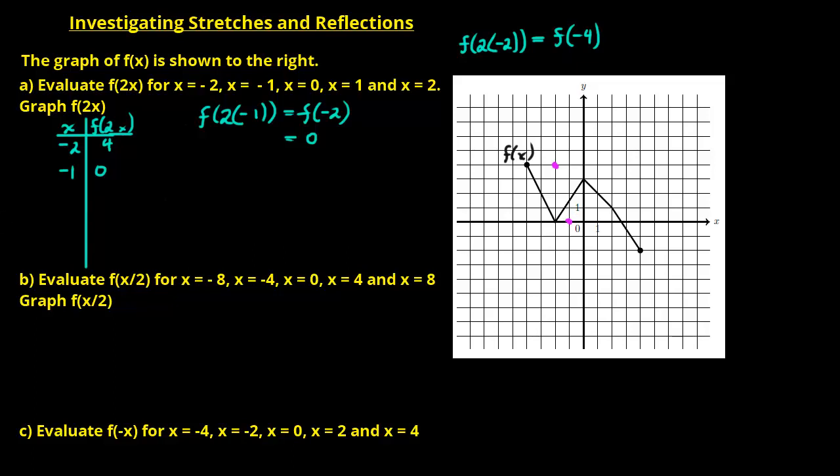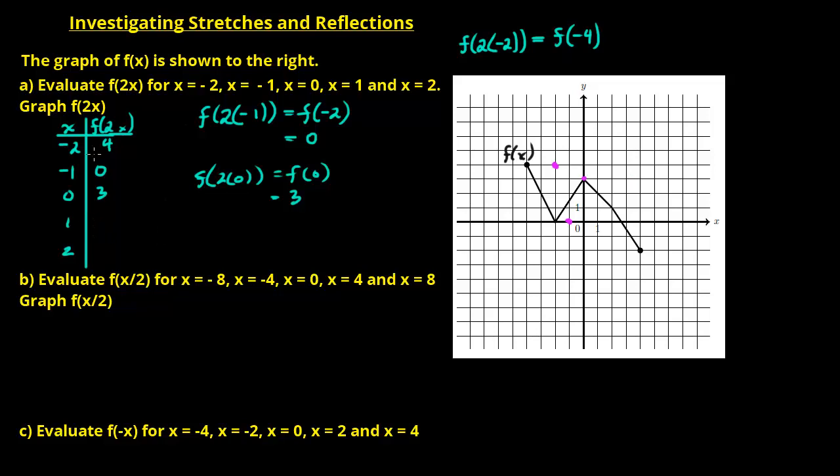Let's do the same thing for when x is 0. When x is 0, f of 2 times 0 is equal to f of 0. F of 0 is equal to positive 3. So we have another point on our graph, 0 comma 3, located right here. And let's do positive 1 and positive 2.